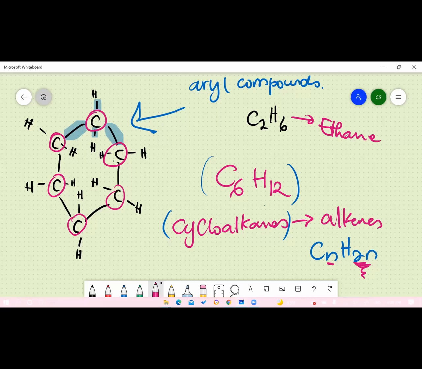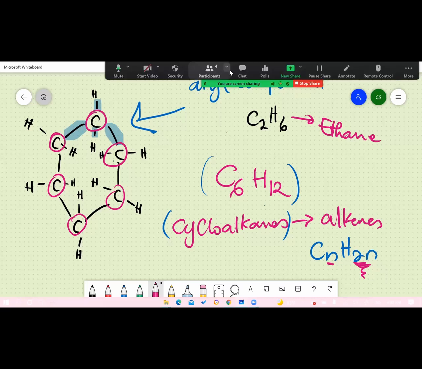So in this case, n is 6 in cyclohexane, and the formula would be C6H, 6 times 2, because 2n would give 12. So I think that's clear.